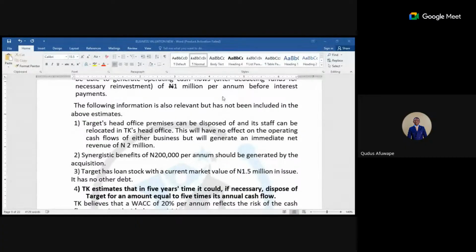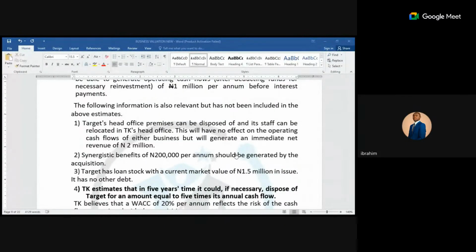It will be from year 0 because it says that it will generate an immediate net cash flow. Year 0, because the activity has not yet commenced. We've not commenced anything.